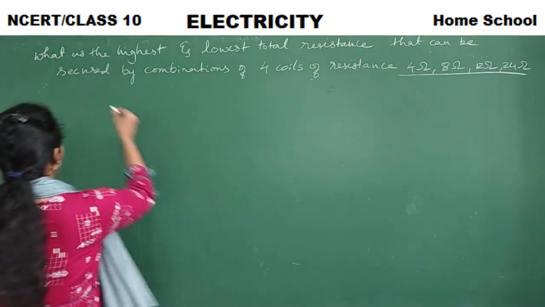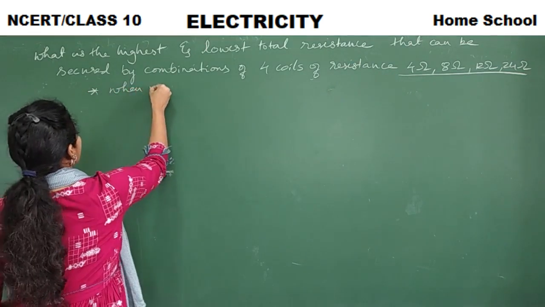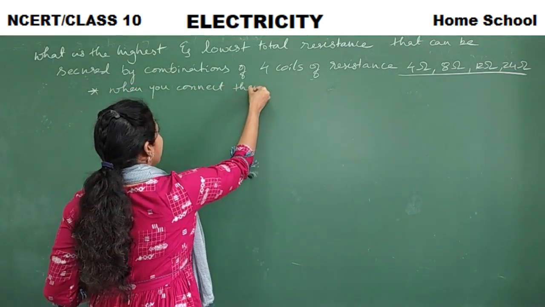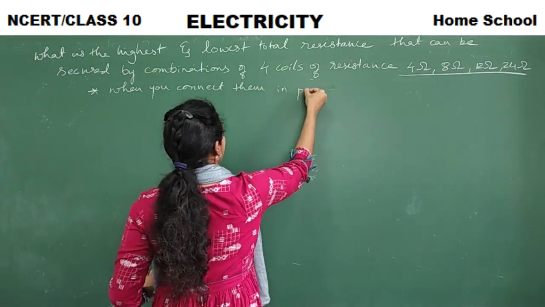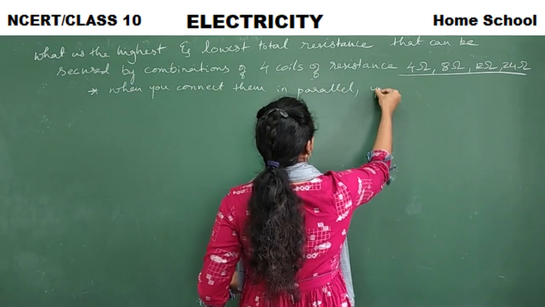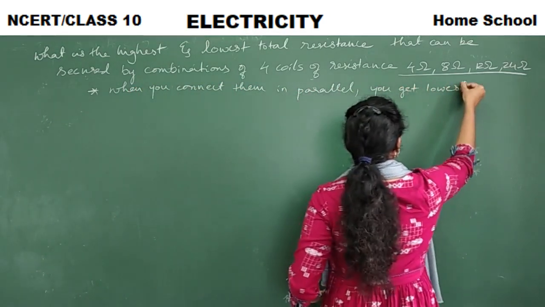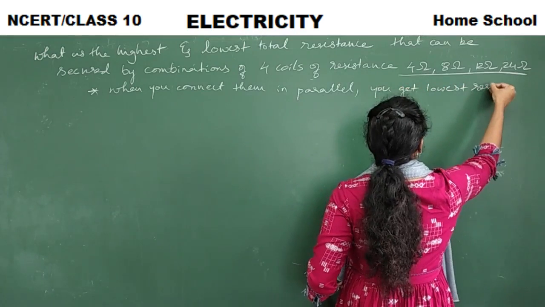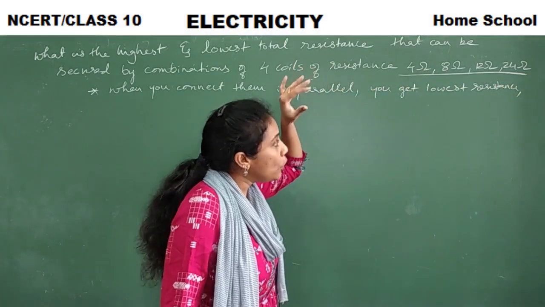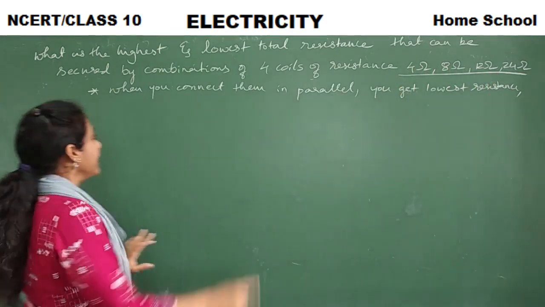So you have to be very clear in the concept. When you connect them in parallel, you get the lowest total resistance. Yes or no? Because in a parallel combination, the total resistance is low compared to the individual resistances, right?